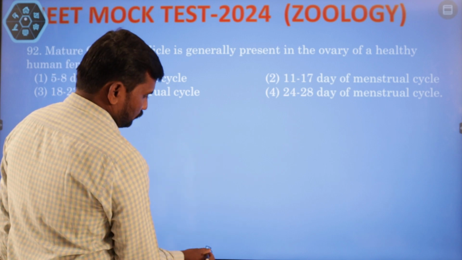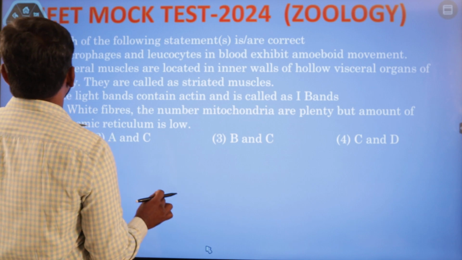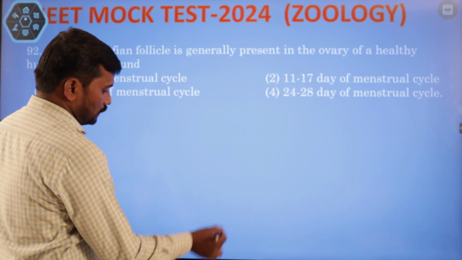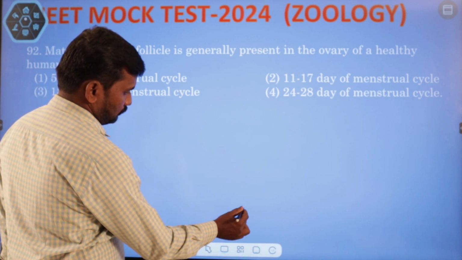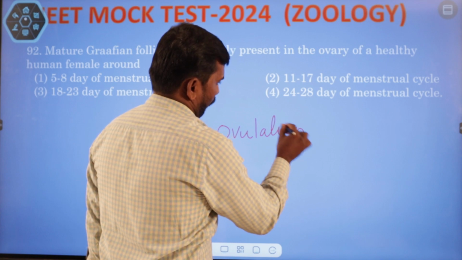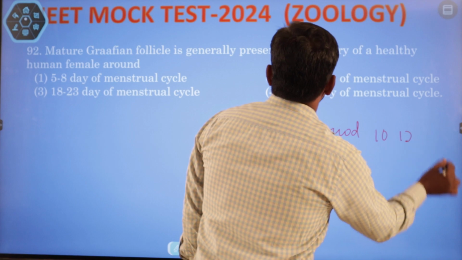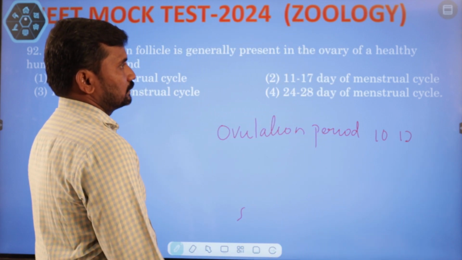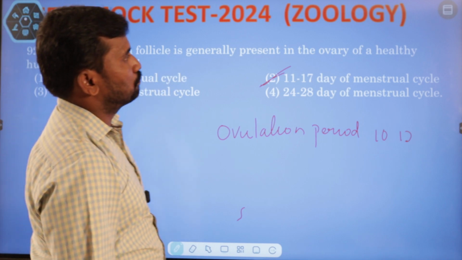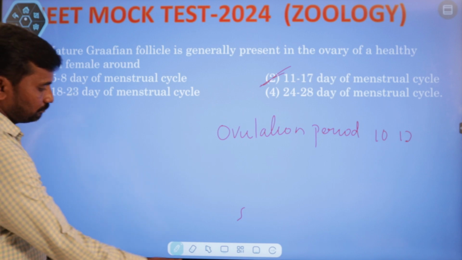The ovulation period is around 10 to 17 or 11 to 17 day. The Graafian follicle is generally present at ovulation in a healthy woman around the 10th to 17th day. Clear?